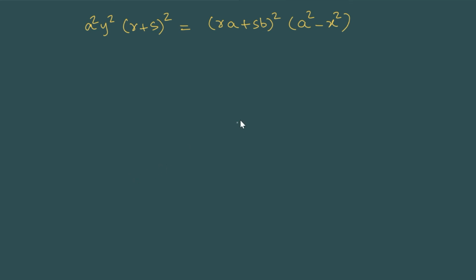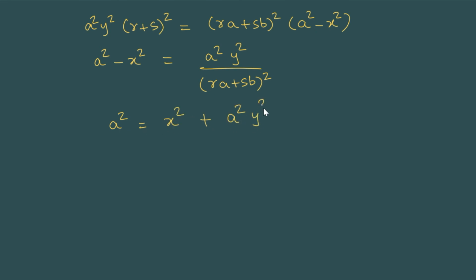Rewriting the terms, if I take x square to the right hand side, I have a square equal to x square plus a square y square by Ra plus Sb whole square.